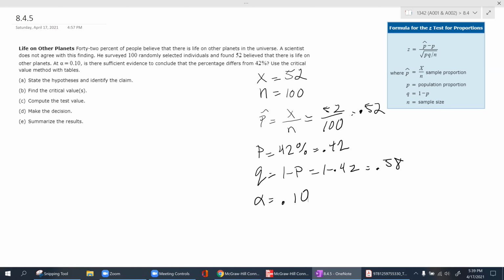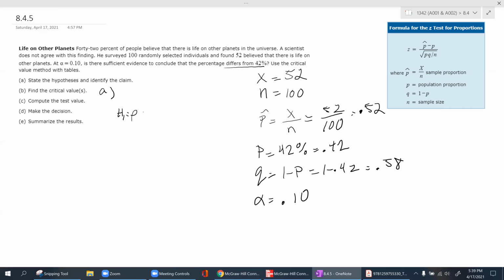So we're about to determine whether it's going to be a one or two-tail test. Let's start with A. 42% of people believe that there is life on other planets. Scientists believe so. Is there enough to conclude that the percentage differs from 42? In other words, this is not 42. So my alternate would be mu. Actually, it's not mu. We're not dealing with mu now. We're dealing with proportion.